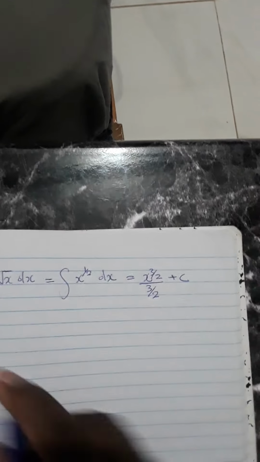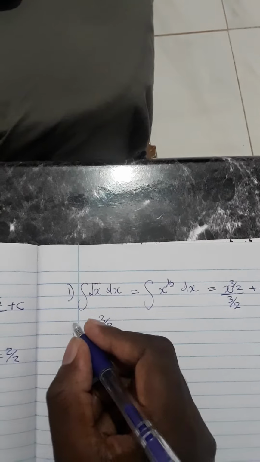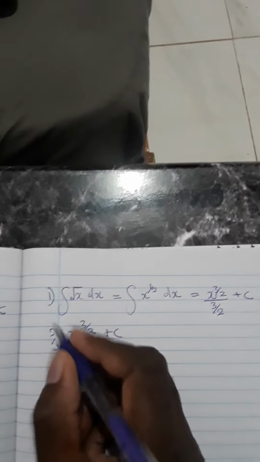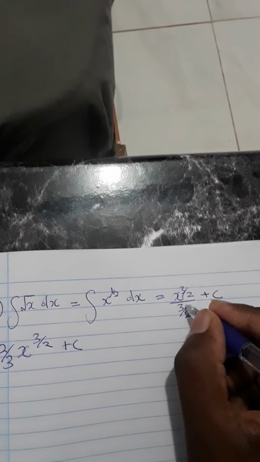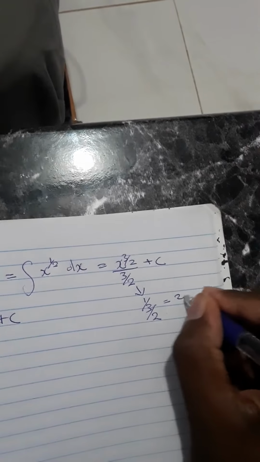So to simplify our answer further, this would give x to the 3 on 2 times 2 on 3 plus c. How we get this 2 on 3 here is by shifting out the denominator, the 3 on 2 denominator, which is basically 1 over 3 on 2, and by flipping this you will get 2 on 3.